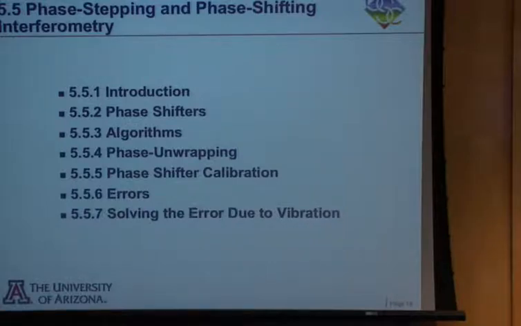We'll talk a little bit about the different algorithms. We'll talk about phase unwrapping, explain what we mean by that, and phase shifter calibration. Of course, there are errors present, so we'll talk about these. And then the biggest error is really error due to vibration. And so we're going to talk about ways of getting around these errors due to vibration.